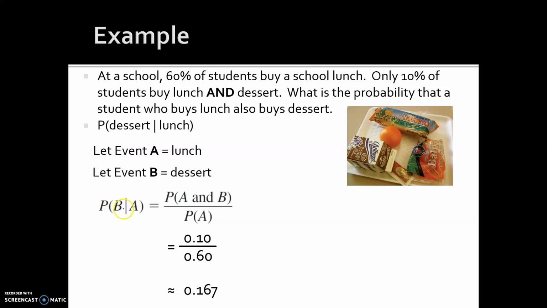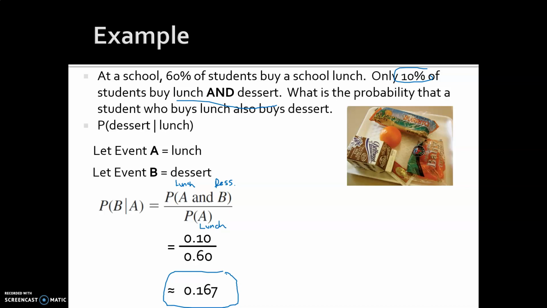Probability of B given A is equal to the probability of A and B, probability of lunch and dessert, which we know is 10%. So 0.10 goes on the top, divided by the probability of just lunch. And we know that that's 60%. So now we take 0.10 divided by 0.60, and you get approximately 0.167.